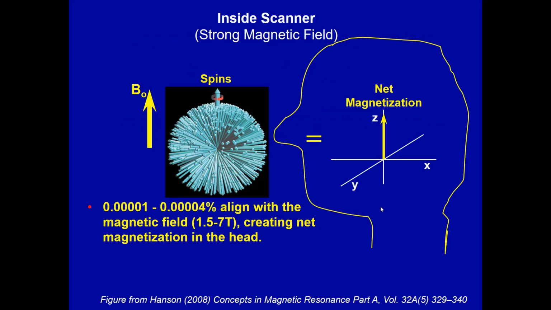We've talked before in general terms about the need to create a net magnetization, and we do that by putting our sample in a strong magnetic field. We get a small, slight majority of the spins aligned with the magnetic field, and that's what we call the net magnetization.